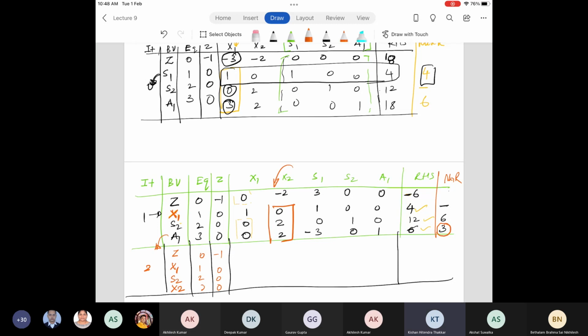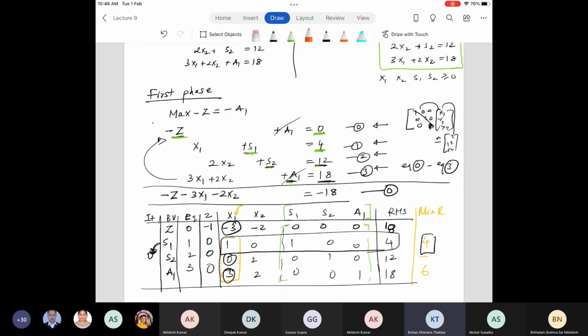Sir, I have one question. Why have we added this extra equation, minus z plus a1 equals 0? In the first phase, if we don't write that, even then if we are trying to minimize a1, we'll get a1 as 0 by solving equations 1, 2 and 3.